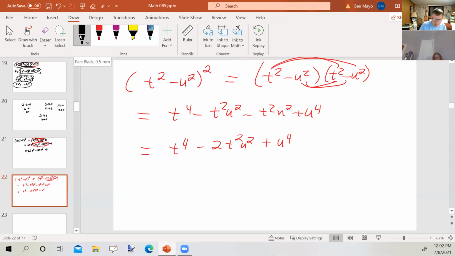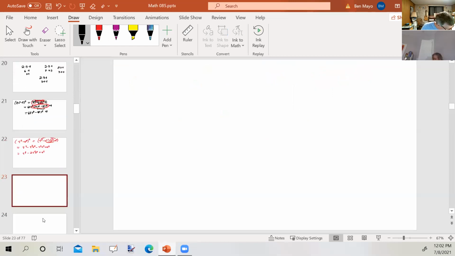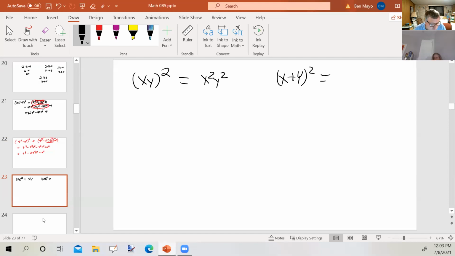Okay, let's do some more reviewing, just to remind you. If you have xy, the quantity squared, versus x plus y, the quantity squared. The first one, you have a product raised to a power, so you get x squared y squared. The second one, you have a sum or a difference raised to a power, so you do not get x squared plus y squared.